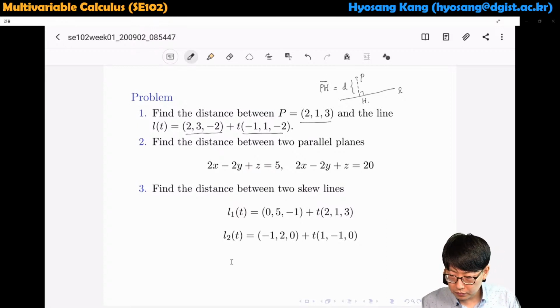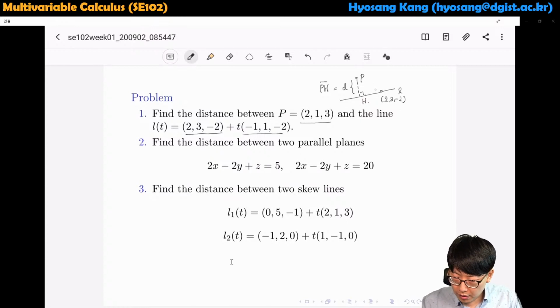Okay, so how do we do that? First of all, let's pick a random point here. Let's pick 2, 3, minus 2, which is given when t equals 0. And I want to take a position vector, let's say this is Q, QP.